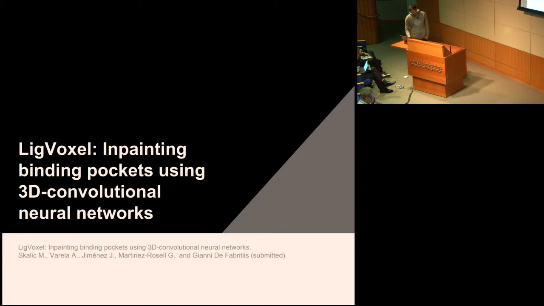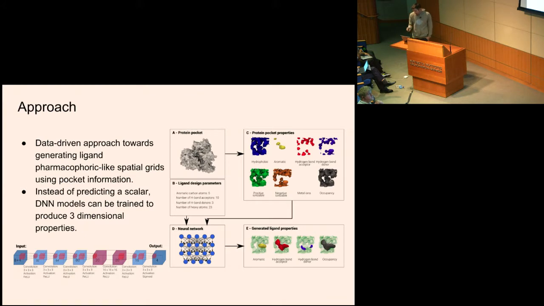Again, we use the same protocol. We have a protein, we have the channels for the protein, and we have a neural network, and we ask the network to predict the channels for the ligand. In this case they would be aromatic, hydrogen donor, acceptor, and occupancy. This is the network that we use.